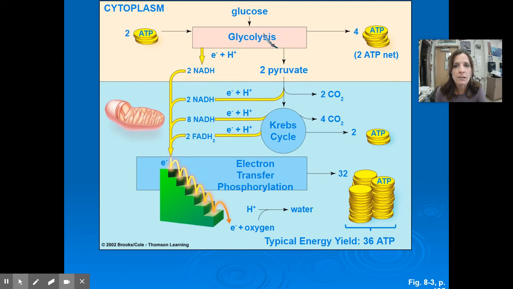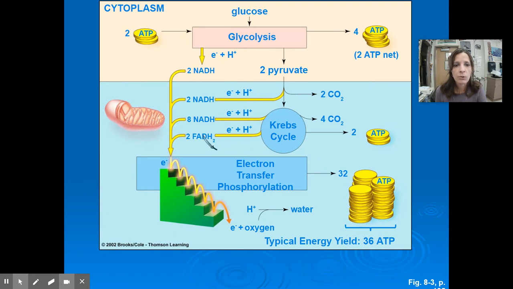In glycolysis, you can see that you have some ATP going in, but you have also ATP coming out. You can see the product of pyruvate, which ends up going into the Krebs cycle. You have all of these electron carriers we'll talk about in a little while, and they deliver their electrons to the electron transport chain, or ETC, and then you have this huge amount of ATP.